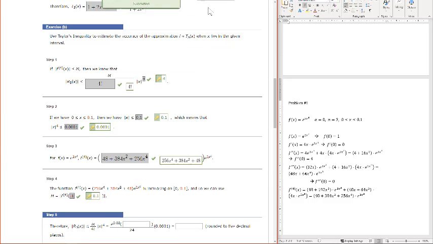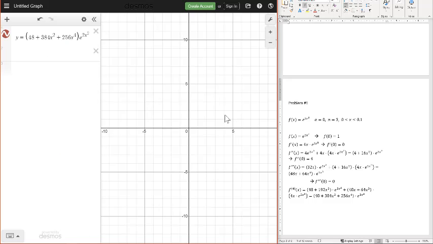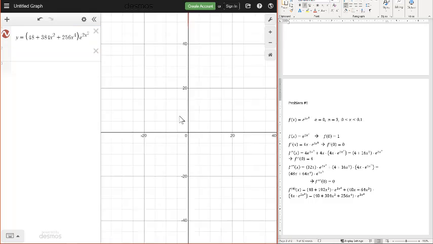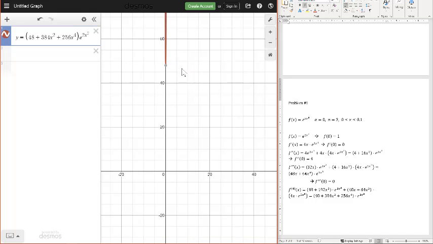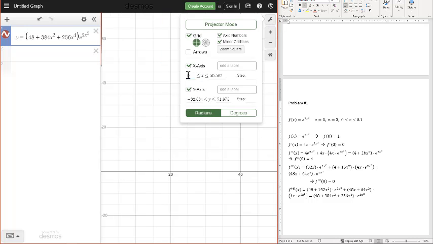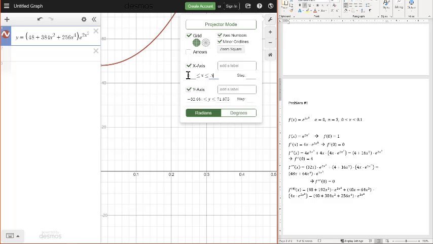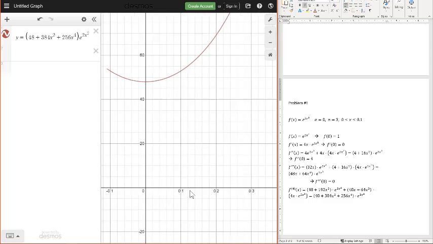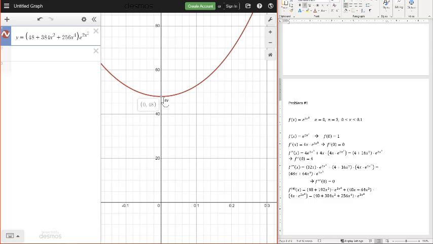By the way, it might be good to just take a moment to sketch a graph of this. I typed this in Desmos, and I can't see anything, but that's because when x is equal to 0, this is 48, so this is going to have to go all the way to 48. If you zoom out enough, you'll eventually see the beginnings of it, but of course this is not a very good view of it, and we're only concerned about the view from 0 to 0.1, so maybe we'll go a little bit farther than that, so 0 to maybe 0.5, and then I see a little bit of a graph that's a little bit more interesting here.